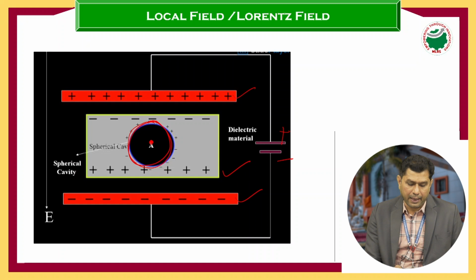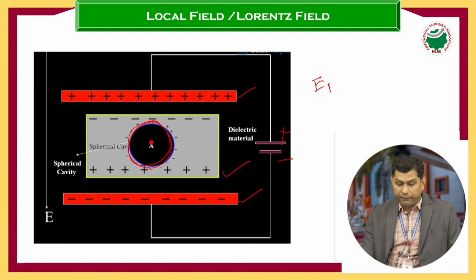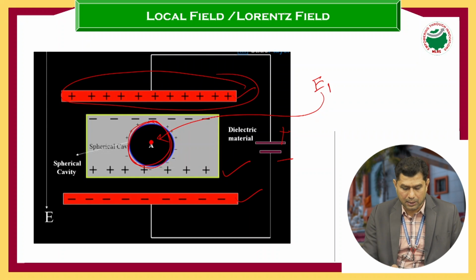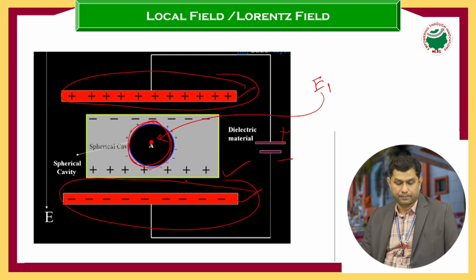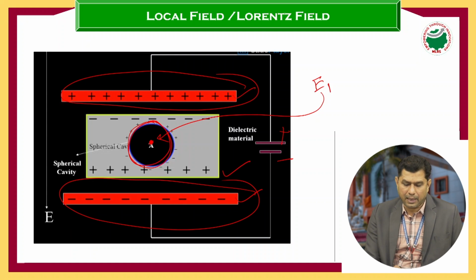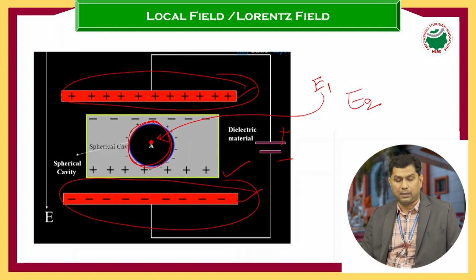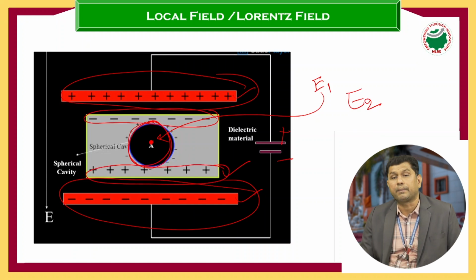This atom A experiences field E1. E1 is the field experienced by this atom A due to the charges on the plates of the parallel plate capacitor. Next, this atom A experiences another field, due to the charges accumulated on the surface of the dielectric material.